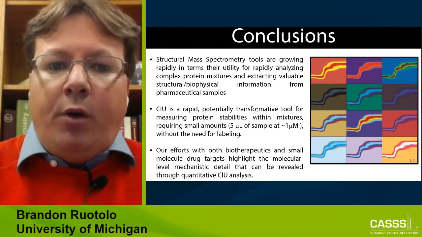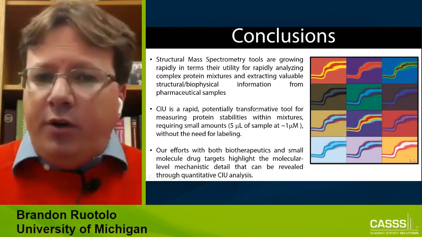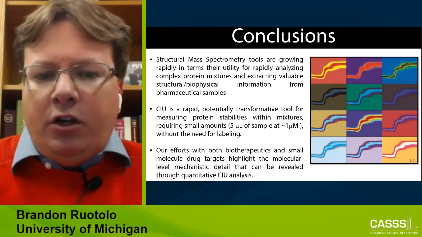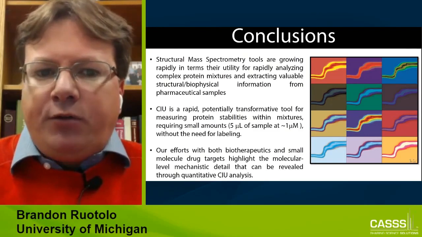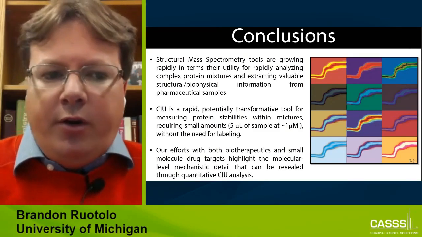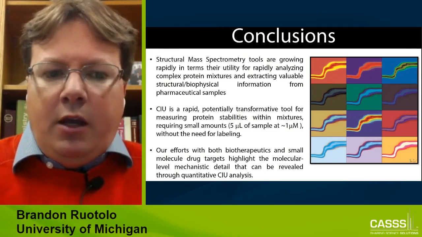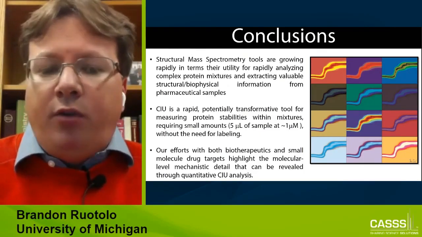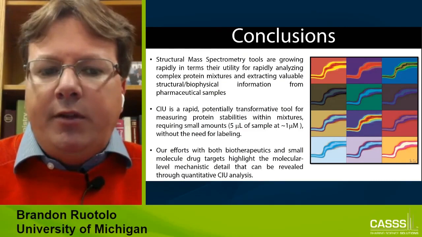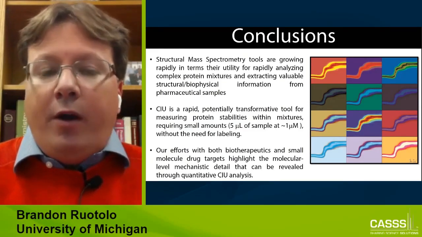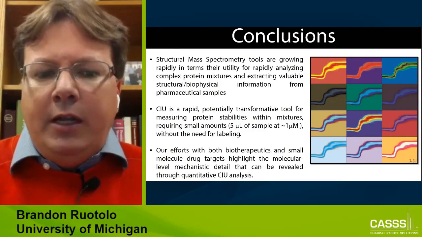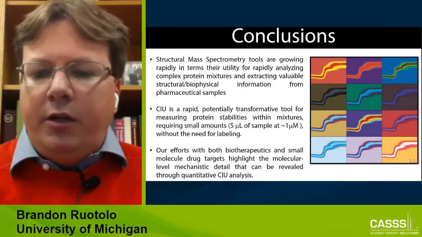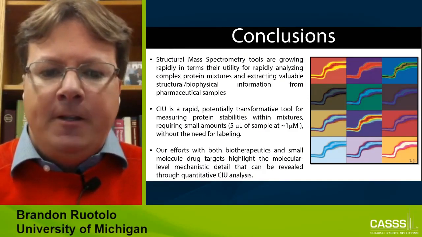So I want to conclude by saying that I hope I've given you a sort of a tour through structural mass spectrometry in terms of this growing area of mass spectrometry and what it can do for drug discovery and development. CIU, I feel, is a rapid and potentially pretty transformative technology for doing stability assessments that really only requires a very small amount of sample and doesn't require a purified sample or the need for labeling in order to get the stability type data.